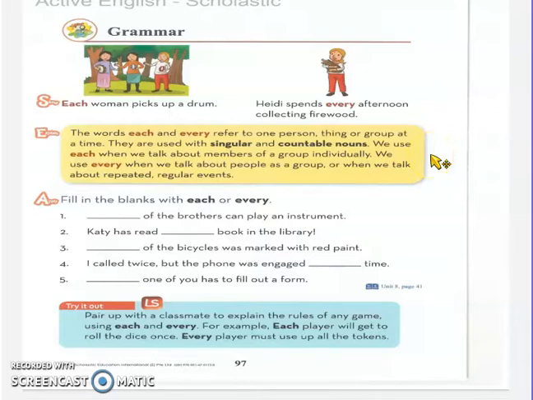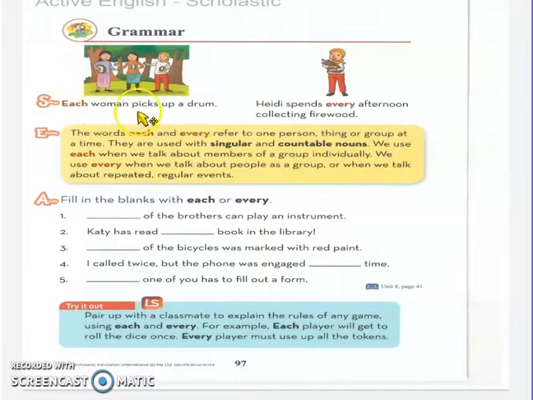Open your course book page number 97 and let's discuss this page with each other. Here, my students, we have examples about every and each. Number 1. Each woman picks up a drum.